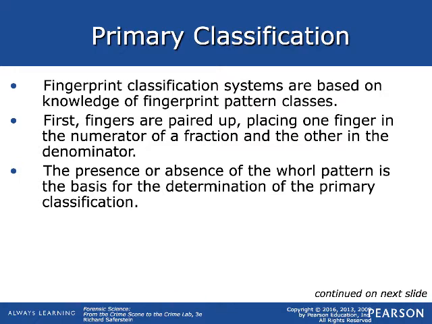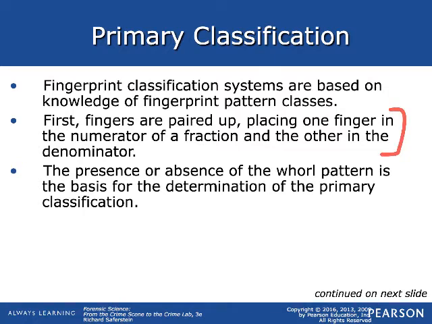This is kind of interesting, but I could see how it's actually really confusing. So you have to understand those classes, right? You need to be familiar with loops, whirls, and arches, and then you can assign numbers to those things. So what they do is they pair the fingers up.